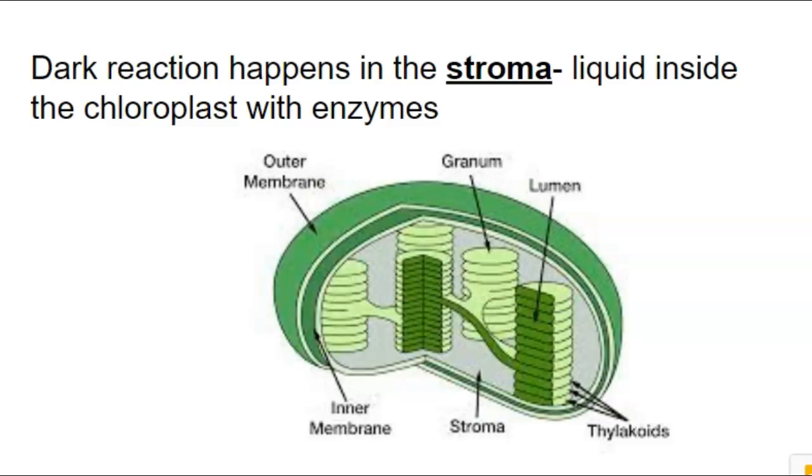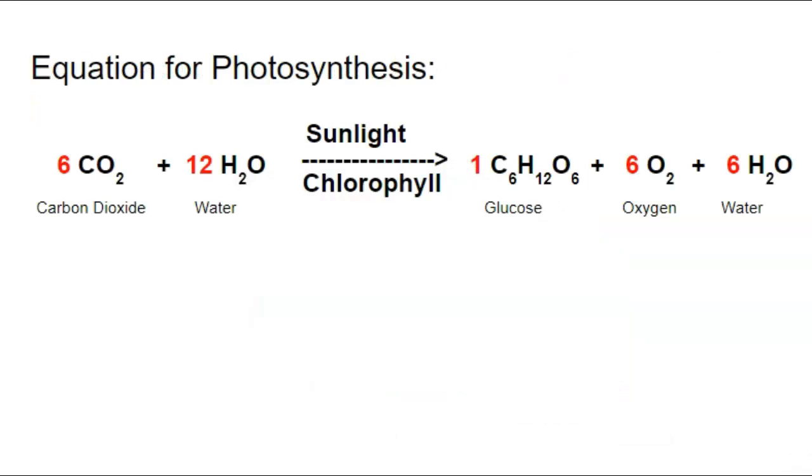So from there, we're going to write our overall equation for photosynthesis. So our overall equation, okay, we have 6 CO2, so carbon dioxide, we know that's a reactant. Water, we also know that is a reactant.